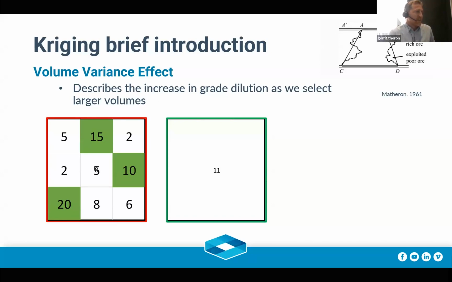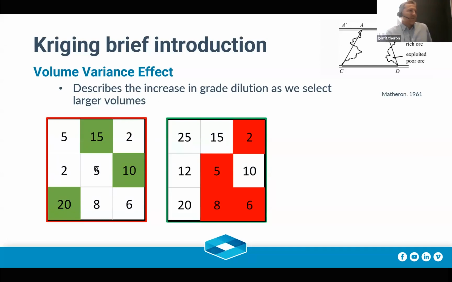So we can see where we thought we just had waste, we have in fact ore, some of it very high grade, and on the block on the right, where we thought we just had ore, we can see we have almost 50% waste, which is made up of those lower grade blocks. So that is what happens in the volume variance effect.